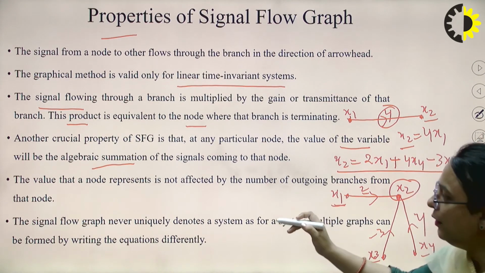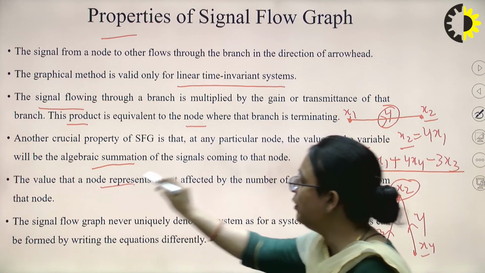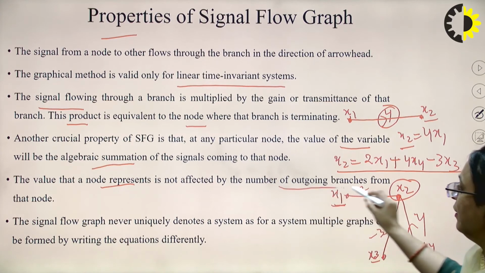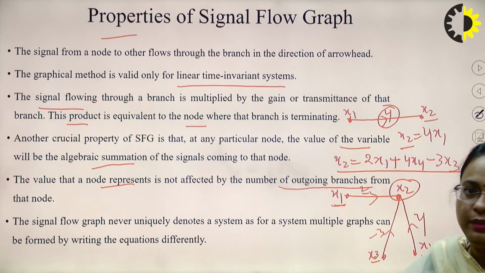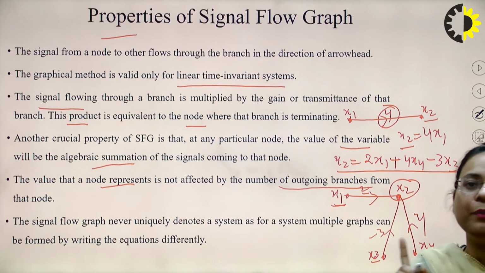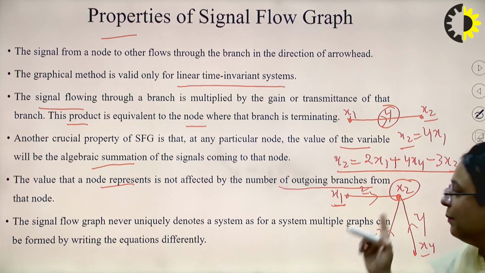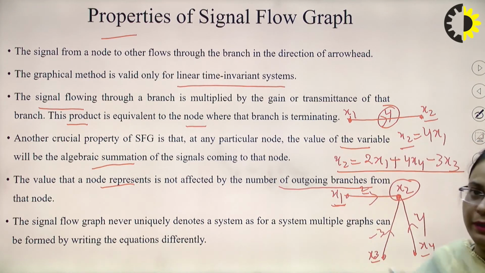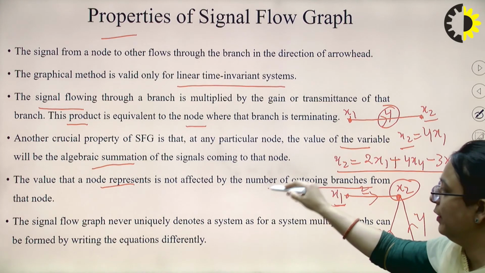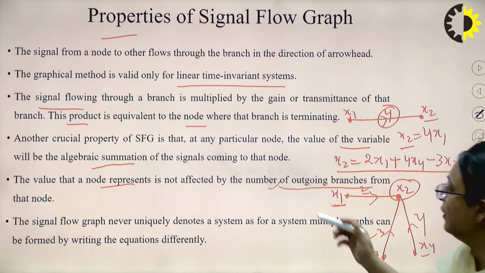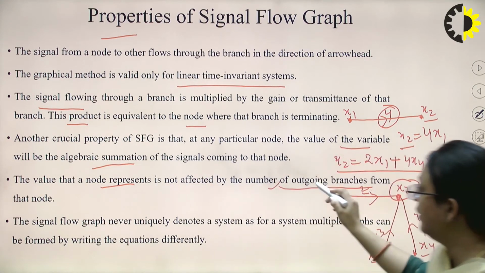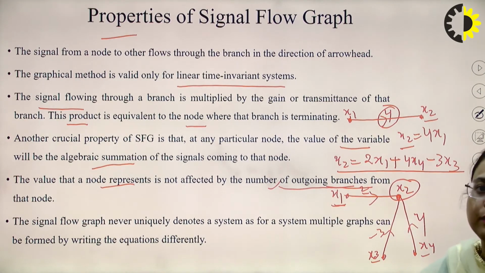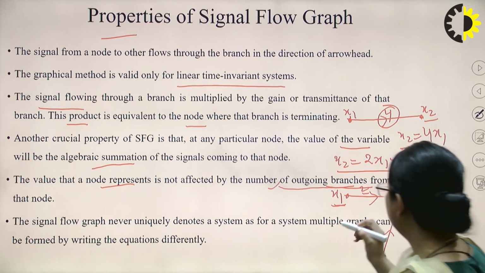Okay. Another point is that the value a node represents is not affected by the number of outgoing branches. As I have told you, x1 is not dependent upon x2; x2 is actually dependent upon x1. This is the property I am trying to say: the node is not affected by the number of outgoing branches. Let's take another example.